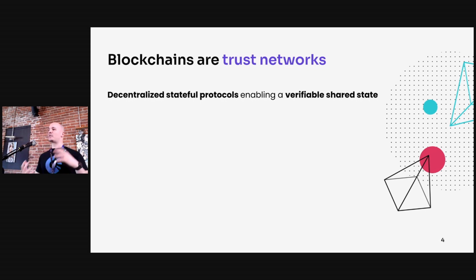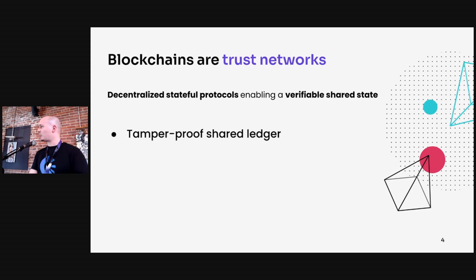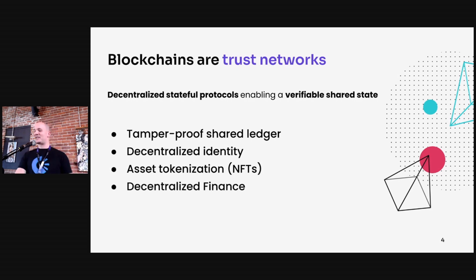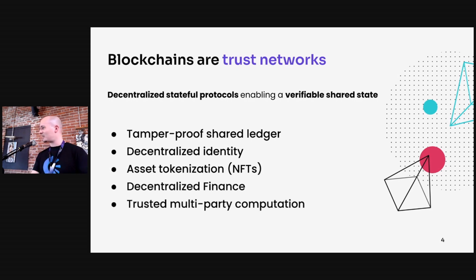The difference, for example, from HTTP, which is stateless, is that we get this common state, which everybody shares and is able to trust because blockchains are trust networks. So we get all of these cool things like a tamper-proof shared ledger, and decentralized identity is one of the great things that comes from these properties. Tokenization of assets, I'm sure I don't need to speak about that here. Decentralized finance, all kinds of trusted multi-party computation. Blockchain is great for that.